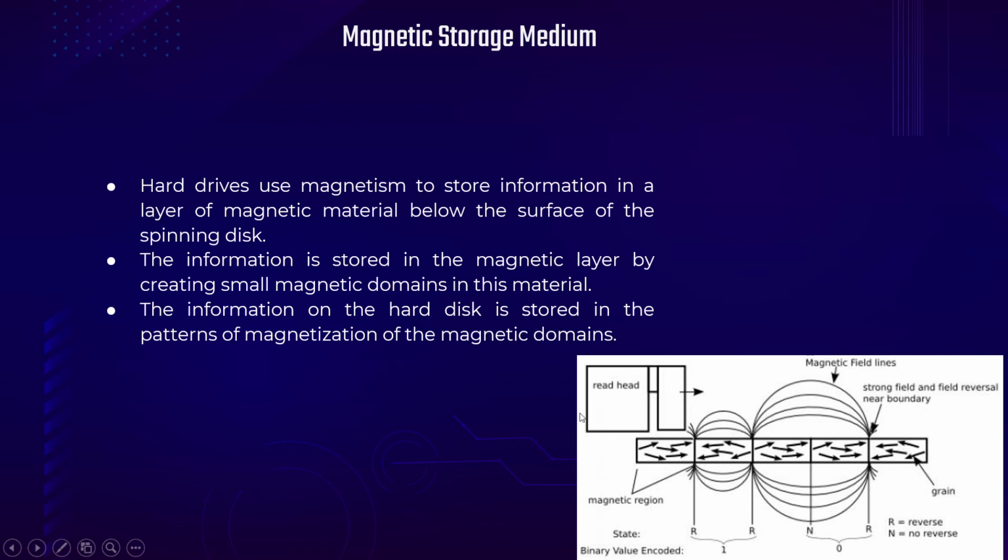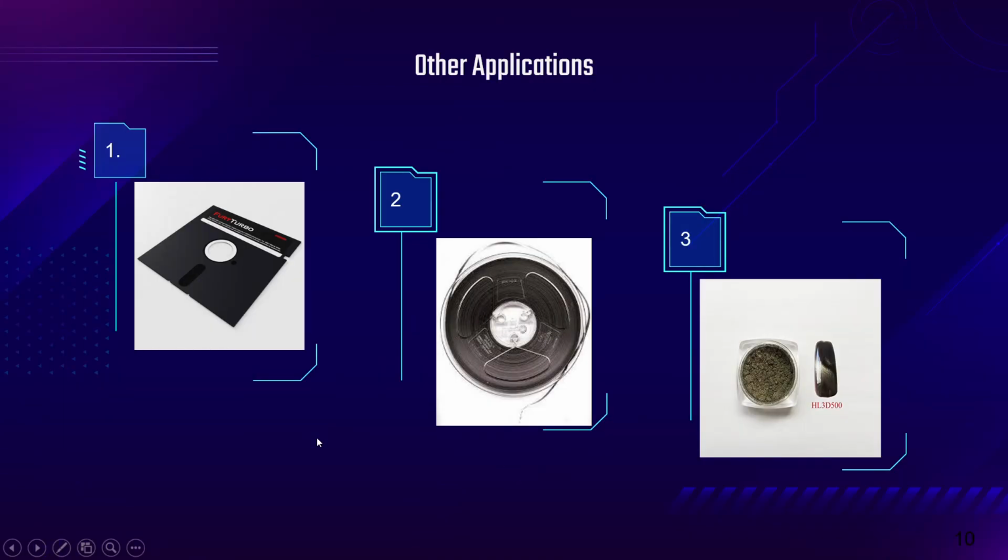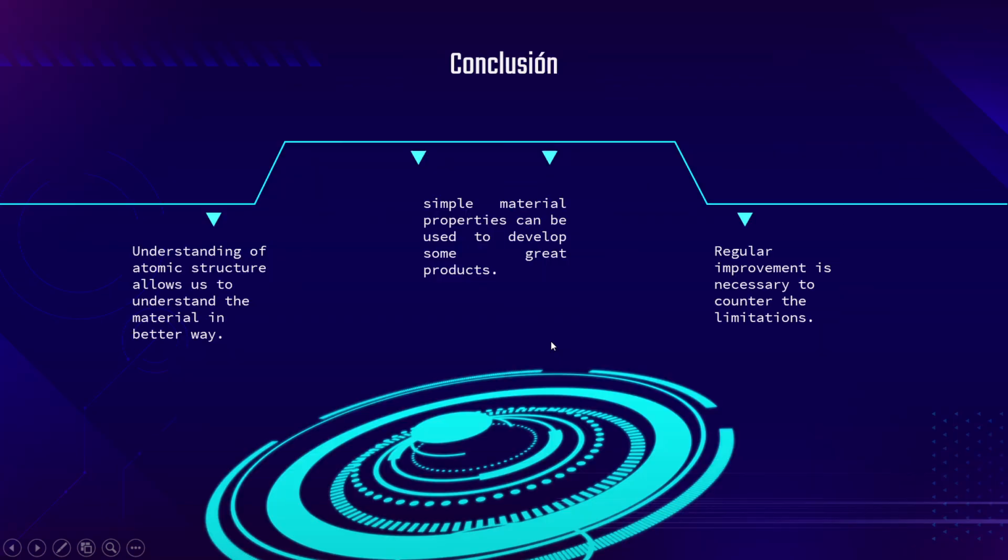In this manner, the information which is encoded in terms of magnetic domains can be decoded again. Now coming to other applications, Fe2O3 is used in floppy disks, magnetic tapes and magnetic pigments.